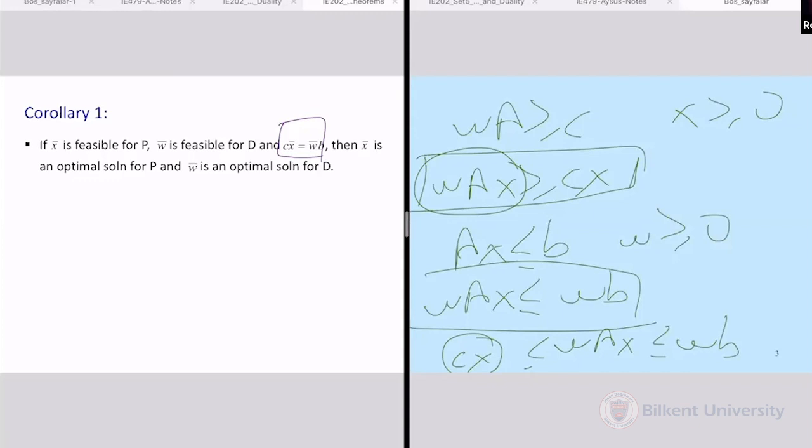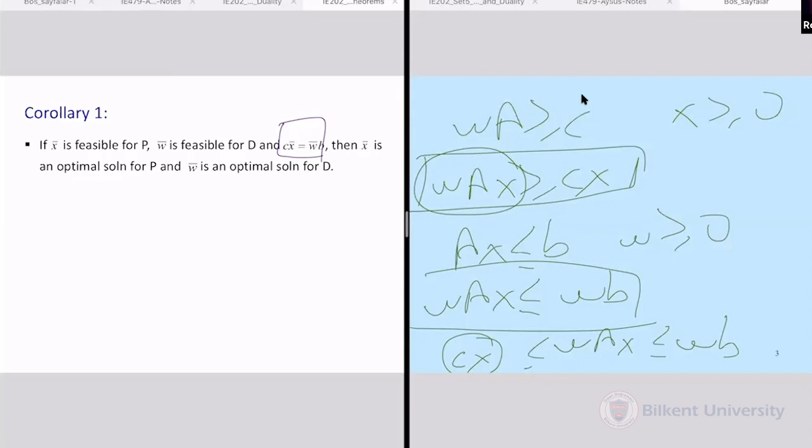Now we're going to see the corollaries. The weak duality theorem was saying that anything that you're minimizing is always an upper bound for the thing that you're maximizing. The first corollary, of course, comes when their objective function values are equal to each other, when Cx is equal to Wb for the feasible solutions.